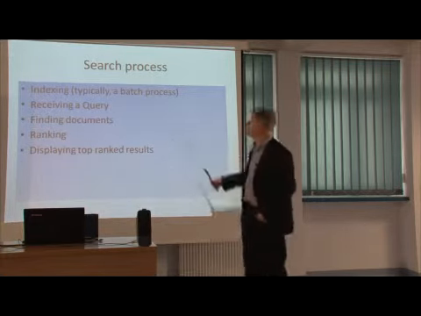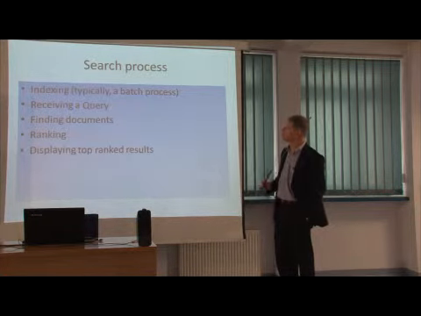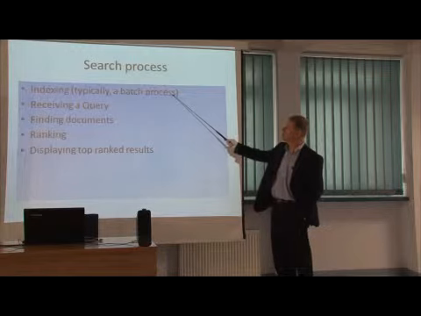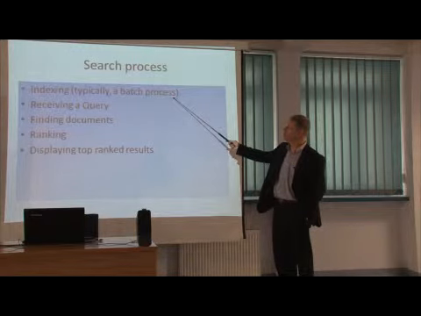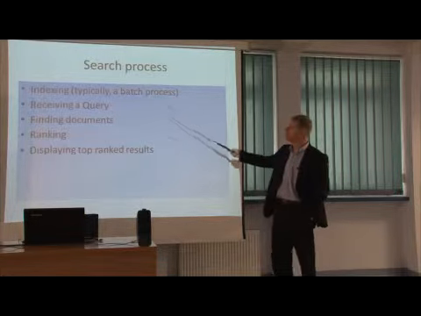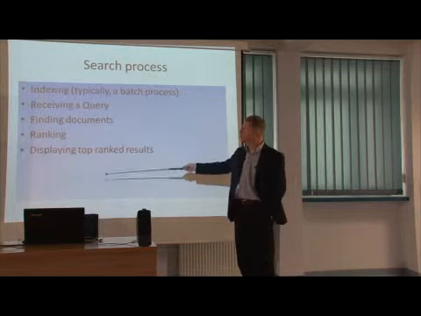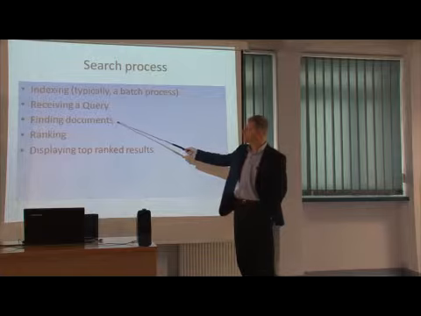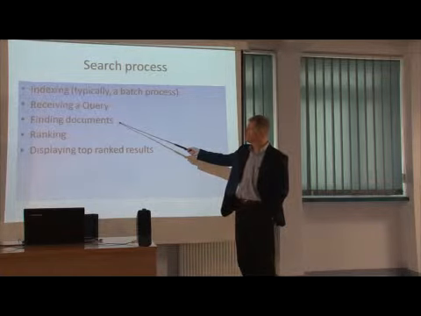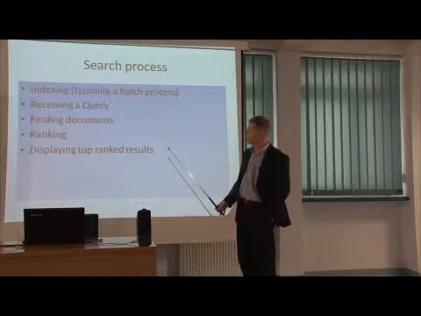All right, so we have these elements of a search process. Typically we do batch indexing, that is, we gather the documents, we index them, and then once the index is ready, a query can be issued, the documents can be found, and then once the documents are found, they should be put in a proper rank. So ranking of documents is important.